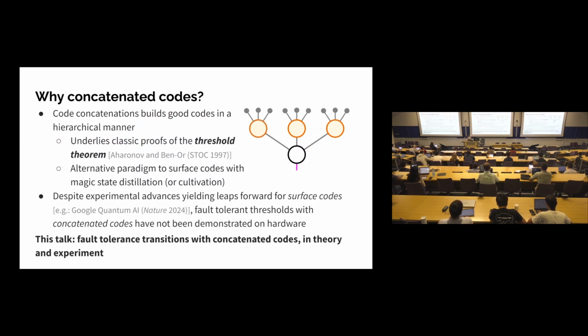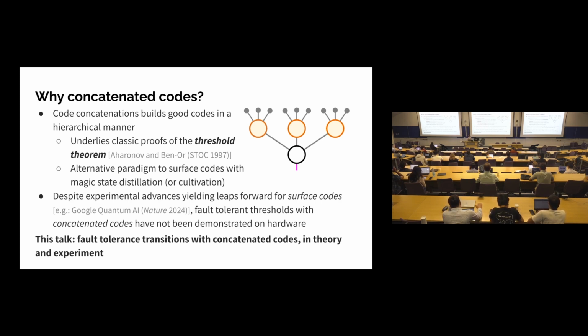So why concatenated codes, or why was this something we chose to explore? Code concatenation is a way to build up a good code in a hierarchical or tree-like structure. And this strategy underlies classic proofs of the ability to have a fault tolerance threshold.